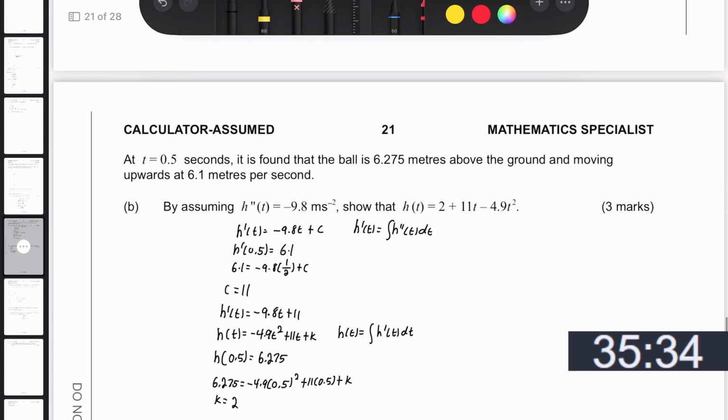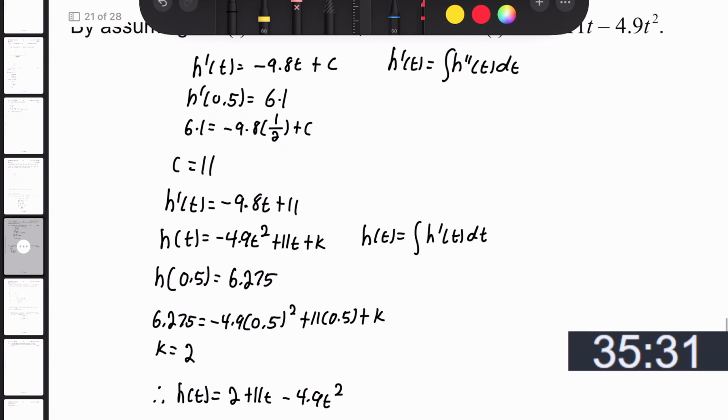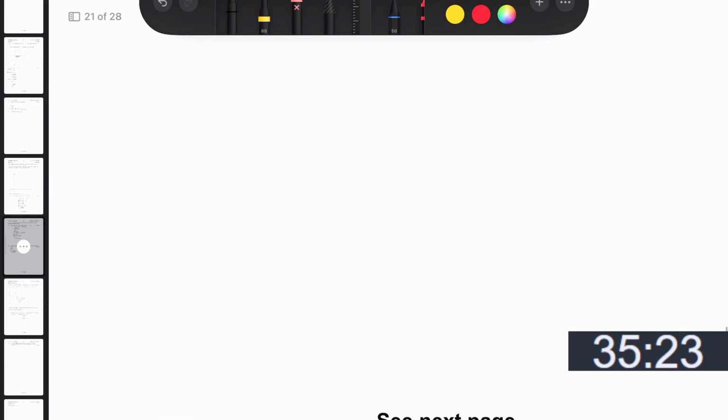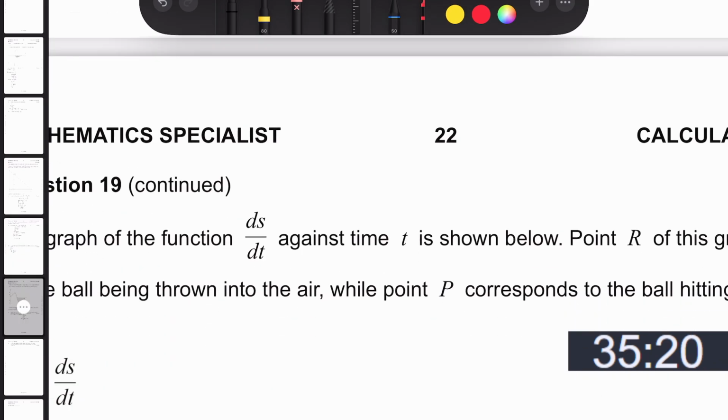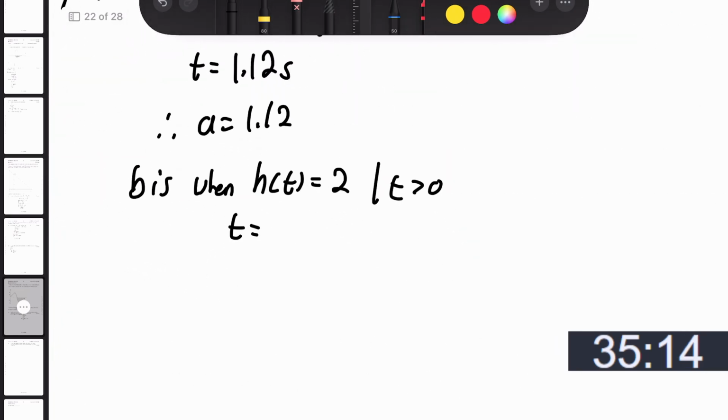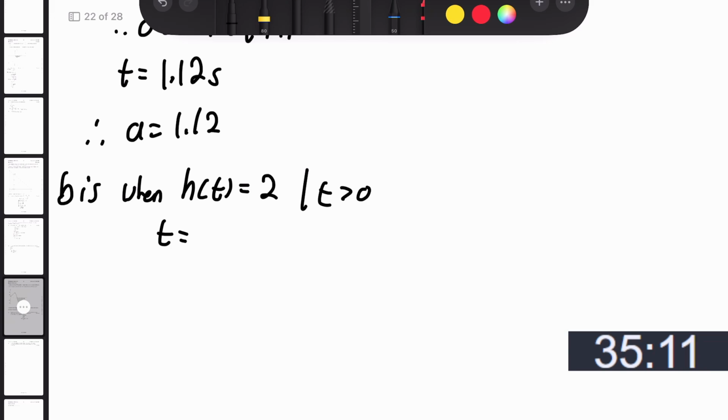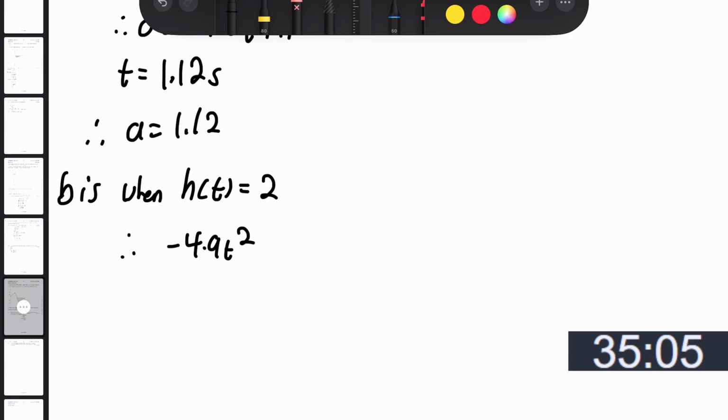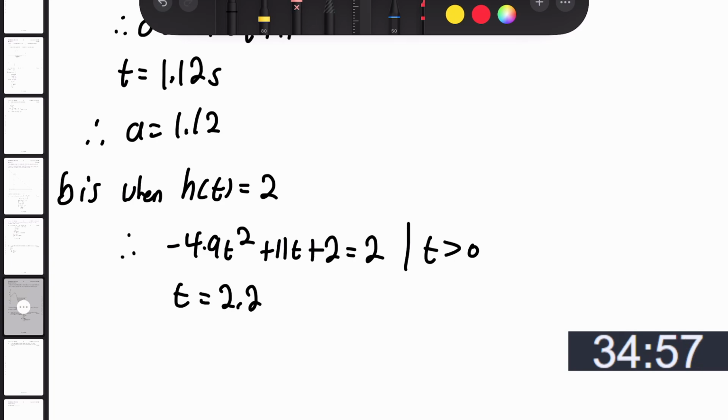So solve negative 4.9t squared plus 11t plus 2 equals 2. So t is equal to 2.24. Therefore b is equal to 2.24.